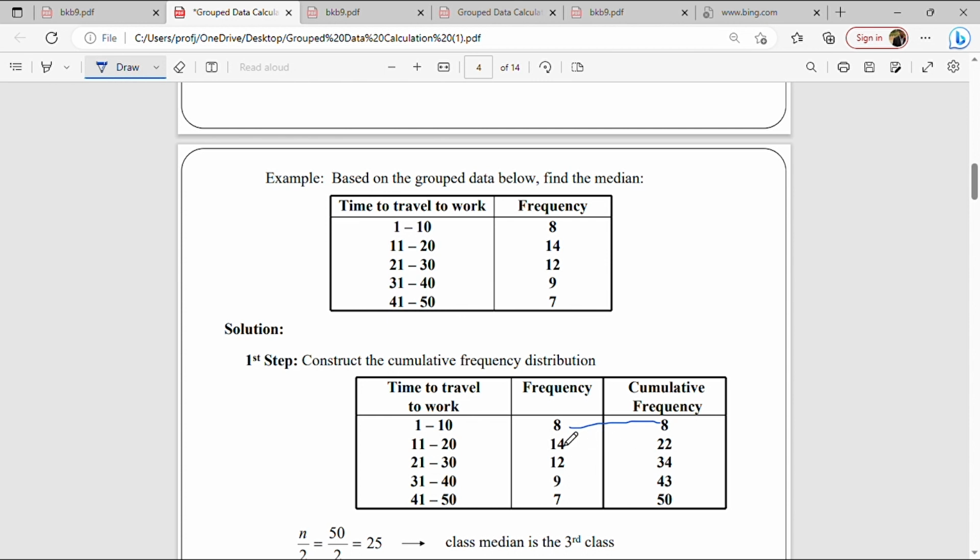That is 8 plus 14 will give us 22. This 22 plus 12 will give us 34. 34 plus 9 will give us 43. 43 plus 7 will give us 50. That's it. We've been able to write out the cumulative frequency.